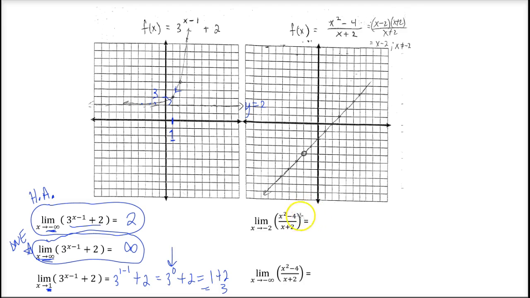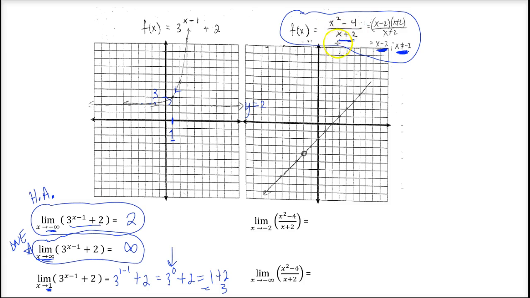For these next two, we are looking at this rational function here. What I'm showing is that if we simplify this rational function, we see that it is acting just like the line y equals x minus 2, but we know that this particular function cannot be defined at x equals -2 because of what we see here.